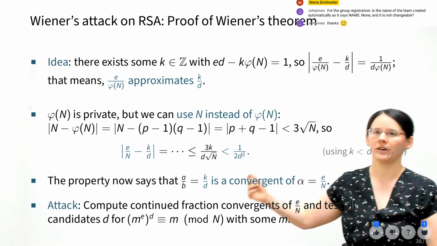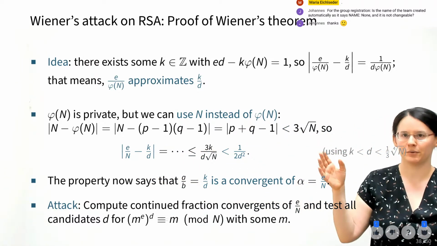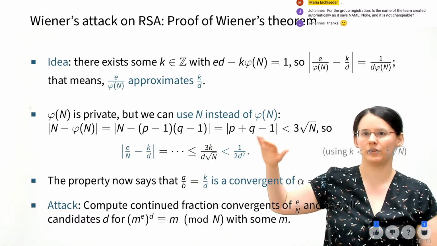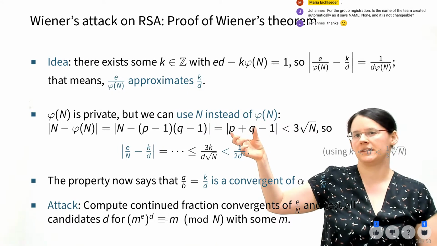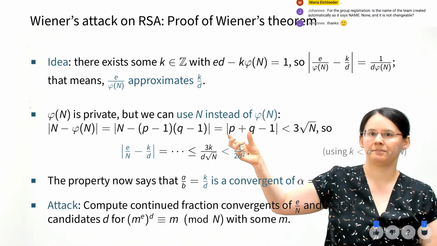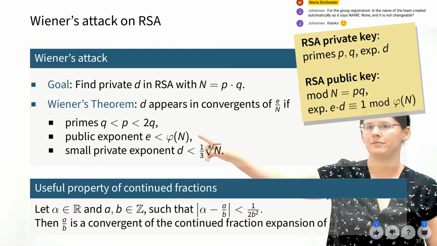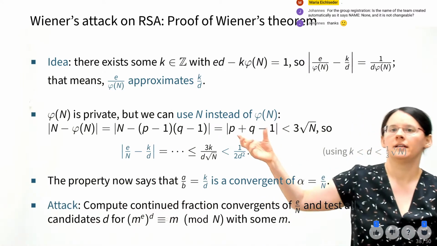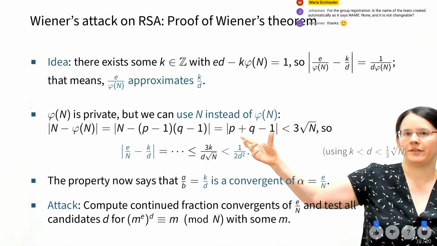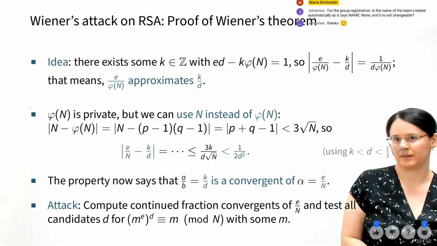And if I now look at how far these two numbers are apart, if I just fill in the numbers, what I get is that the distance between the two is simply the sum of the two prime factors essentially. And because of the conditions we placed on the prime factors before, this sum of the prime factors is at most 3 times the square root of n.